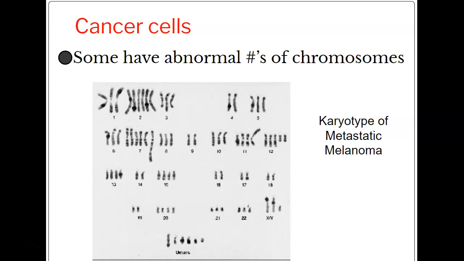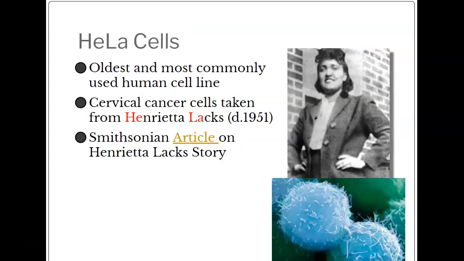It's the most deadly form of skin cancer. But you can see this person has 3 chromosome 1s, 6 chromosome 2s, 3 chromosome 3s, 2 4s, 3 5s, 3 6s, and so on and so forth. So it's kind of all crazy. And again, there's not really the pressure to keep it regulated because they are cancer cells.